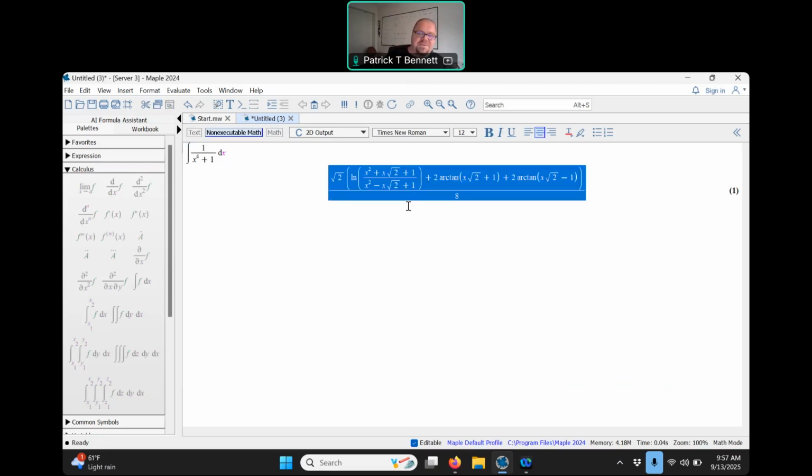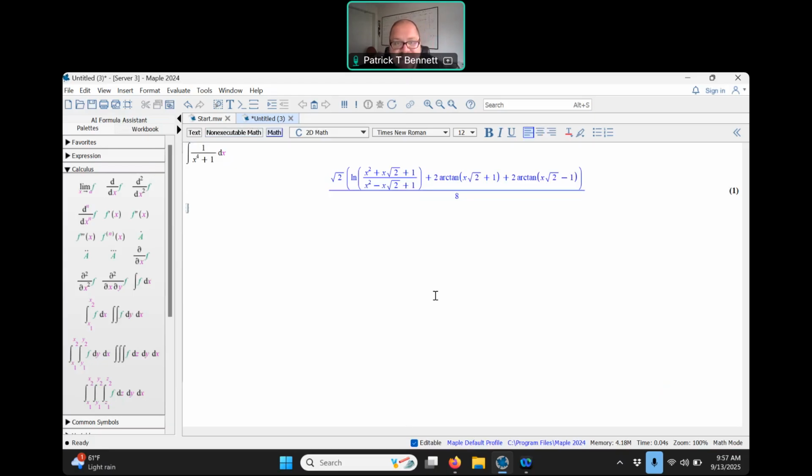And how you find that factorization is not something that I really particularly want to talk about. Of course, the form of the answer is probably not terribly surprising. We have arctangents and natural logs, and that's what tends to come out of partial fractions. But the details are definitely not something we would want to do by hand.